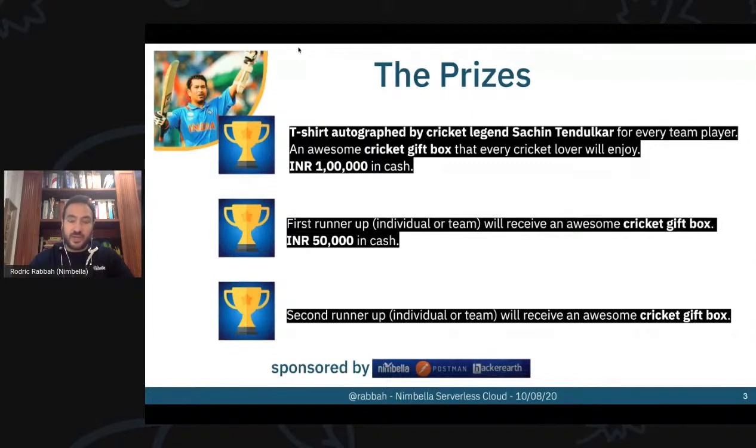Plus, there's a gift box that our team, Nimbella, Postman, and HackerEarth have been putting together, which I think every cricket lover will enjoy. Plus, there are cash prizes: a cash prize for the champion, and then a cash prize for the second place finish. But then there's also the gift box with swag and other things in it that I think will go to the second place and third place finish.